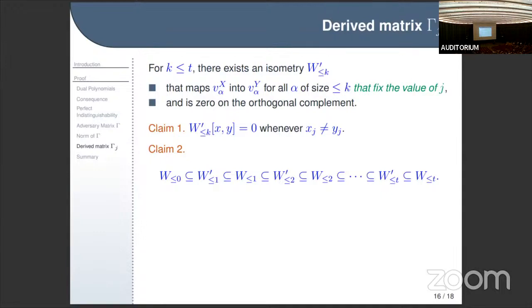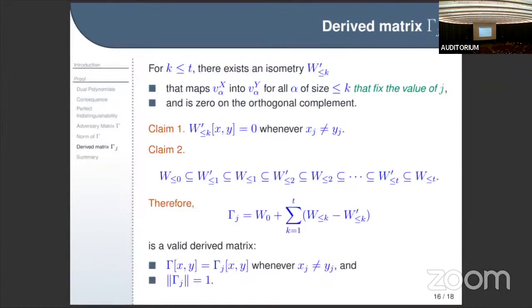On the other hand, you can also prove the reverse inclusion, because you can write every isometry of size, say, k, which doesn't fix j, as a sum over assignments where you fix j, just by taking the sum over all possible values of j. An assignment where you don't fix j, you can write as a sum of assignments alpha x where alpha fixes j, going through the sum over the possible values that xj can take. So that's the idea.